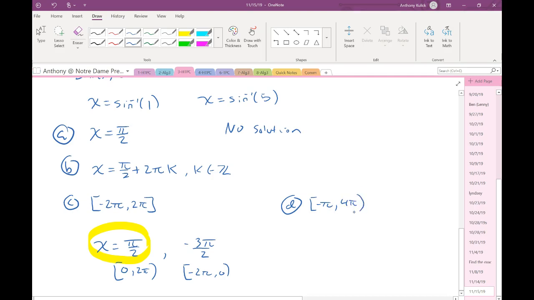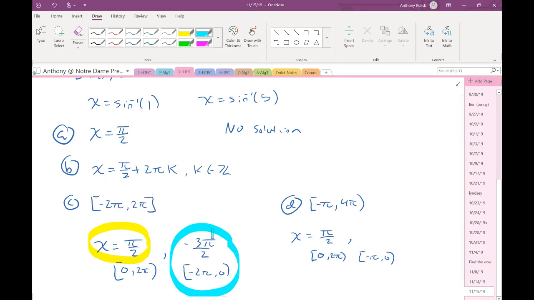For D, we're looking for things between negative pi and positive 4 pi. I know my answers for part A are going to work because 0 to 2 pi is inside that interval. I still need to worry about from negative pi to 0. My negative answers from part C are possibly in that interval, but they could be too small still.